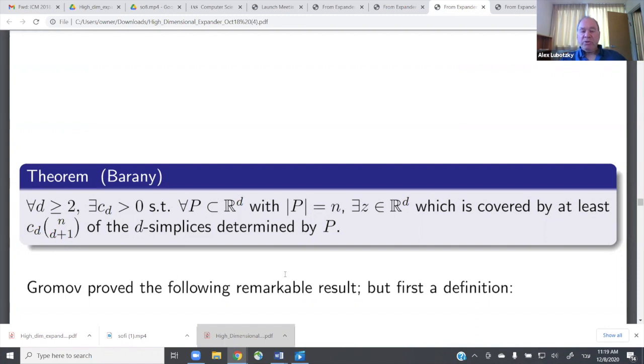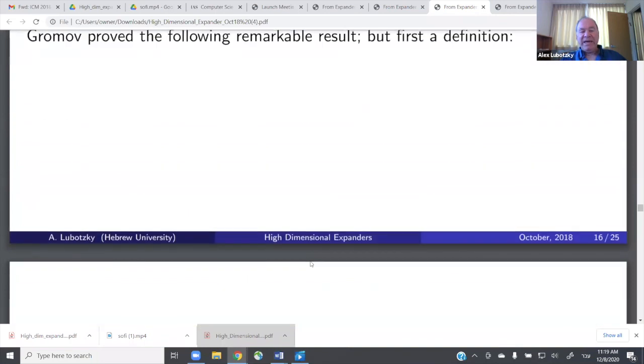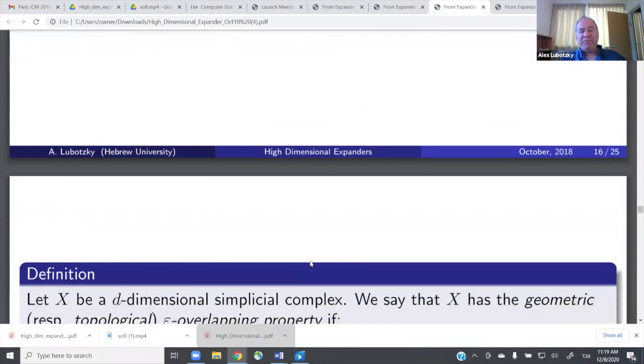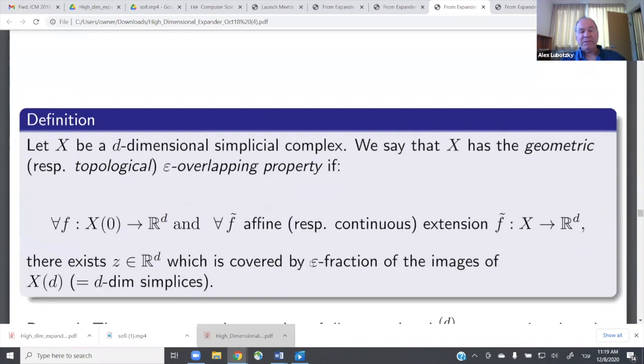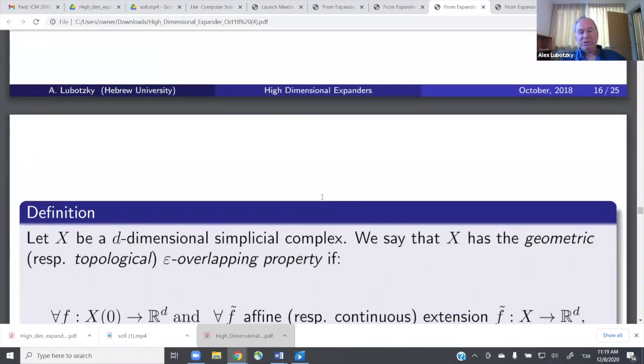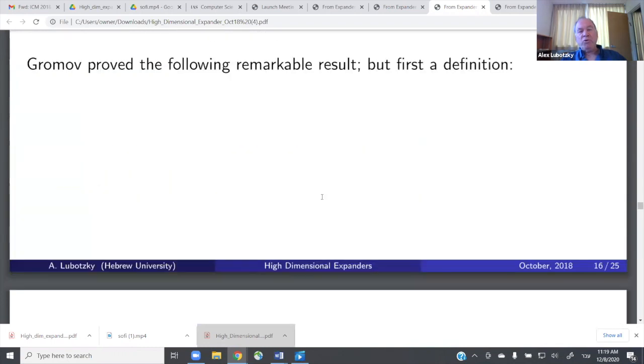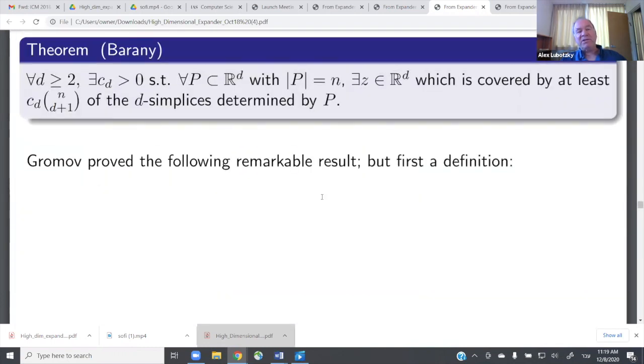Gromov now generalized this, giving a strong form for these theorems, which is kind of amazing. But before we give Gromov's theorem, let me give you a definition, because Gromov also changed the point of view of the way we think about these theorems.